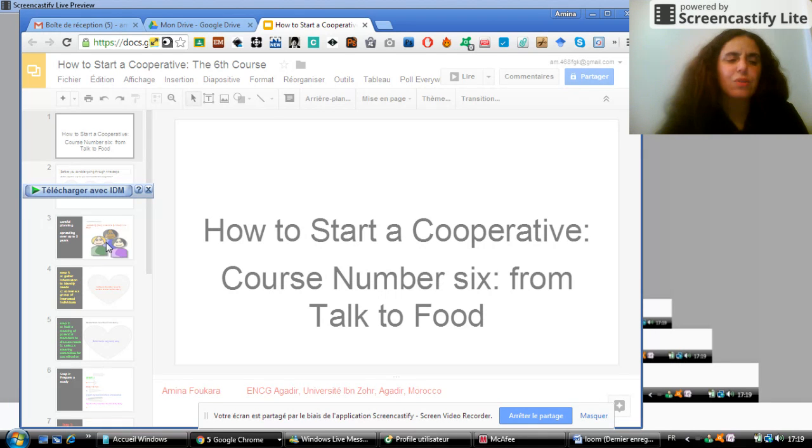So there are 3 objectives that you might need to know, and the first one of which is why might people in a particular district need to establish a cooperative?